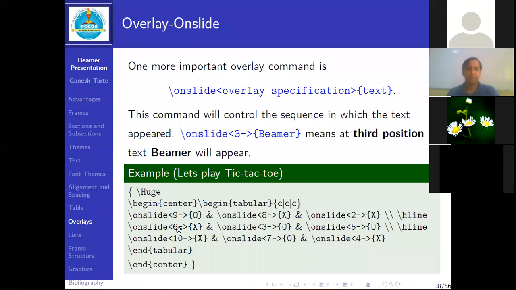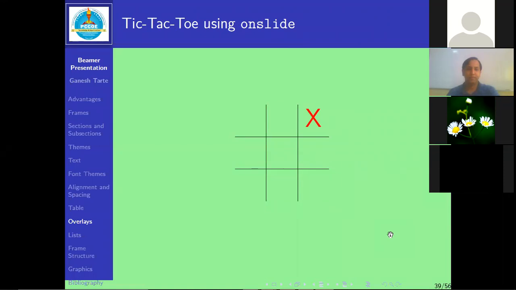Then what about in between the terms? Already we have one illusion. We create the first illusion for reading that table. Now at the second position, I want X. So we add here on slide, 2 dash, in the angular bracket, and then X. It means that at the second position we get X. So we can easily see this.